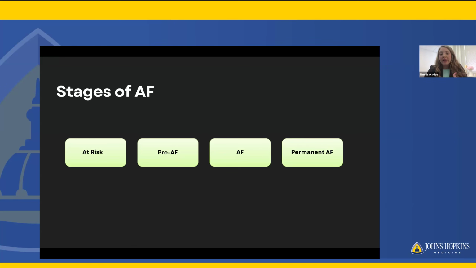Those are signs that AFib is about to develop, but it's not there yet. It's called pre-atrial fibrillation. And then finally, we have the diagnosis of atrial fibrillation. Permanent atrial fibrillation is when you, with your doctor, decide that you're not going to try to get back to normal rhythm. And we'll talk about some of the times that can be the solution.